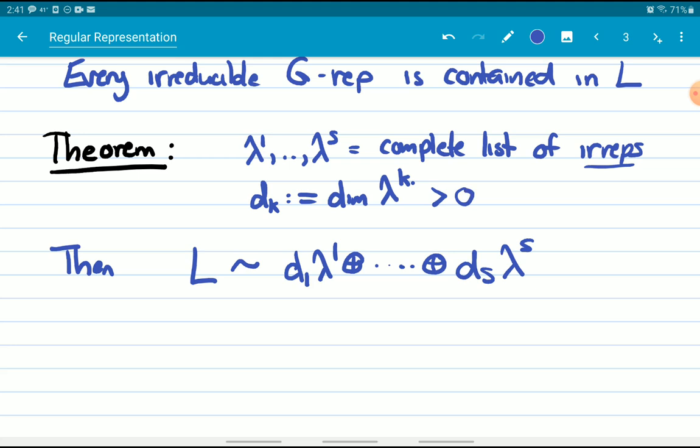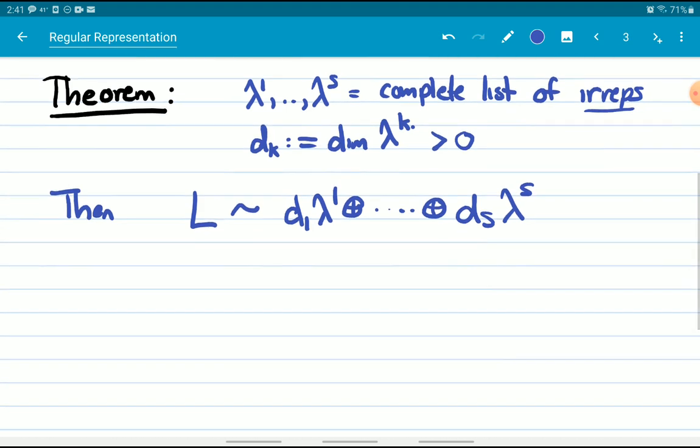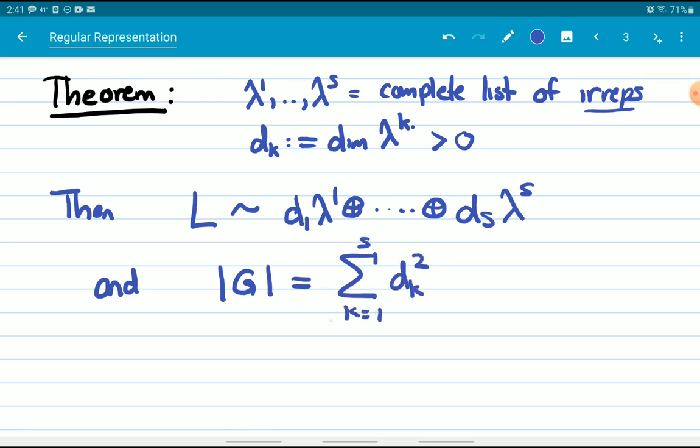The zero representation is not irreducible. So that tells us that every irreducible can be found in L. We also get another statement. The order of the group turns out to be equal to the sum of the squares of these dk. So that's a new relationship involving the dimensions of all the irreducible representations and relating them to the order of G.